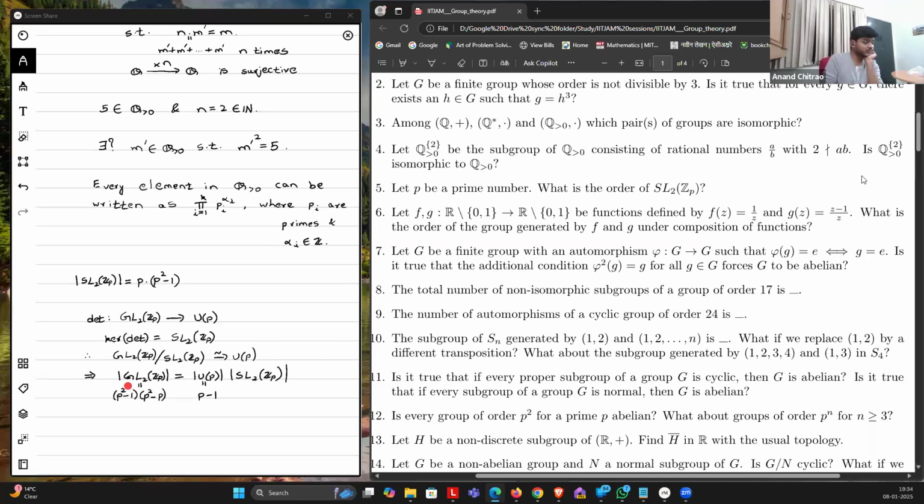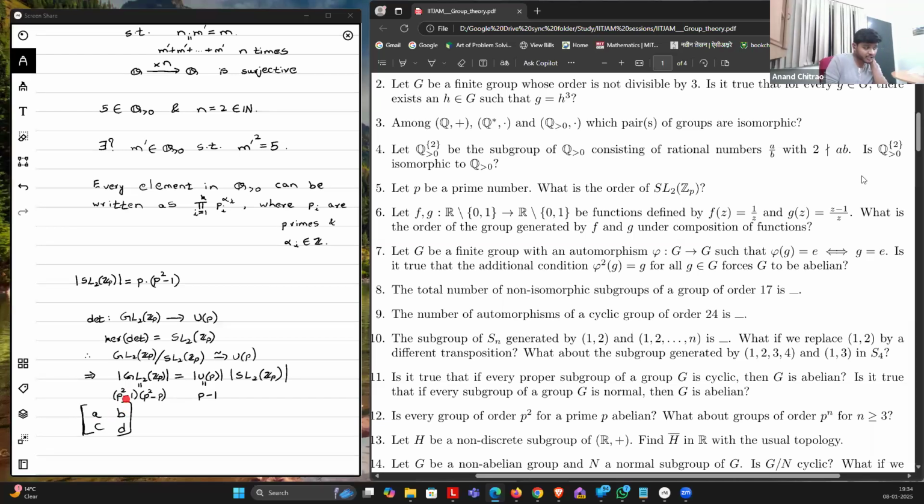Does everybody know why this is true? Yeah, so I'll flash through the proof, but you can just memorize this. You don't need to go through the proof. The proof is that any element of GL2(Z_P) is a 2 cross 2 matrix ABCD. Now, how many choices are there for the first row? A has P choices, B has P choices, so P square choices, but these cannot both be 0.